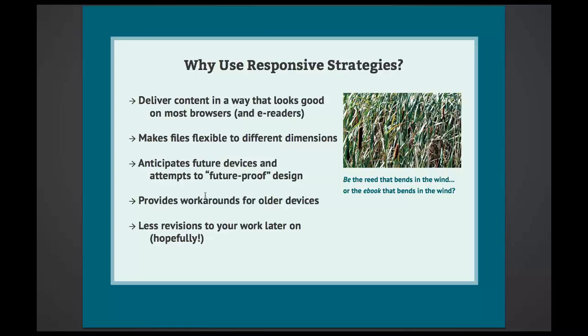We say this with a little bit of hesitation, but hopefully with relative units, it will build in a little future-proofing with our designs. Responsive strategies allow workarounds for older devices. And hopefully, if you need to recreate ebook files in the future, you won't have to make as many revisions to your style sheets.